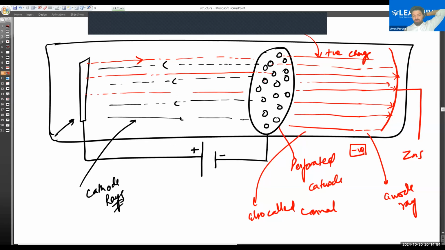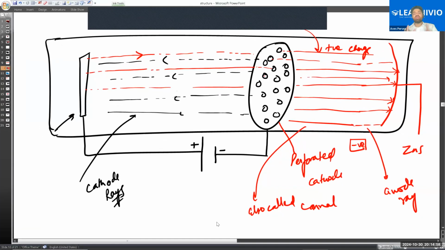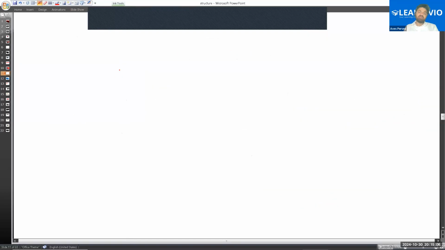Actually, the electrons were deflected in case of hydrogen. And why the anode rays? We wrote the previous statement that cathode rays are independent of the nature of the gas. But when we have different gases, for example hydrogen gas, the nucleus of hydrogen carries one proton only.